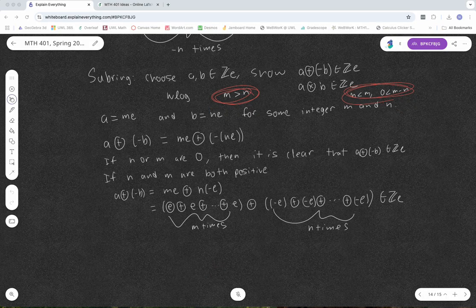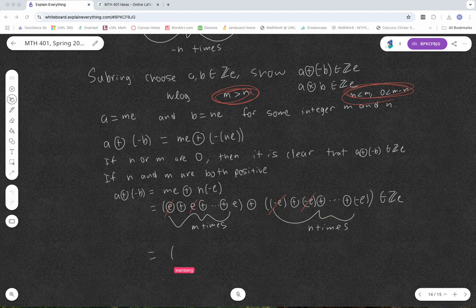That means that, since M is greater than N, we do associativity and we can cancel some of these out. That one's going to cancel with that one. That one will simplify with that one, and so on and so forth.